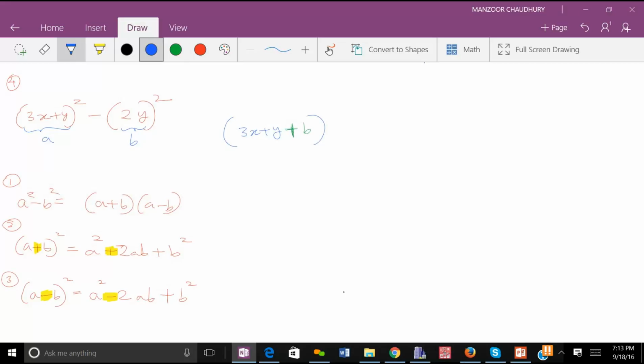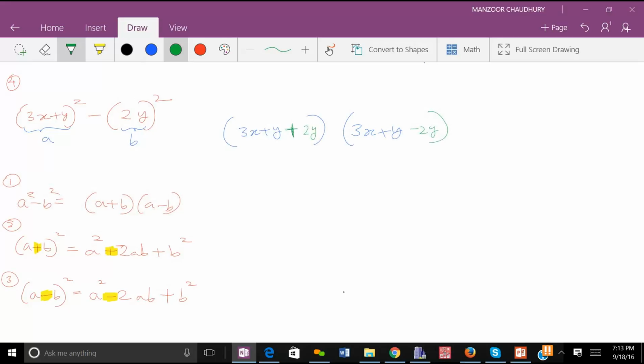And the other part is 3x plus y minus b. You see the difference here? What is b? Sorry, I got to write something else instead of b. It's 2y, right? I need to write that here, so it should be 2y.